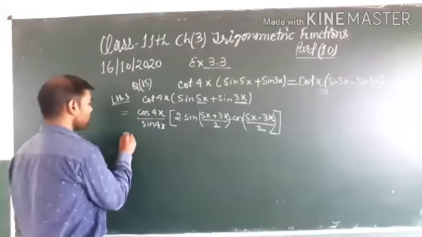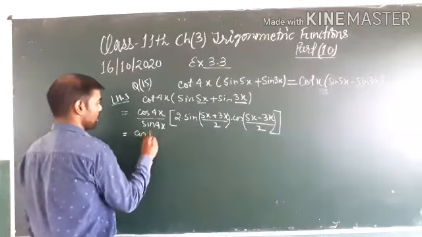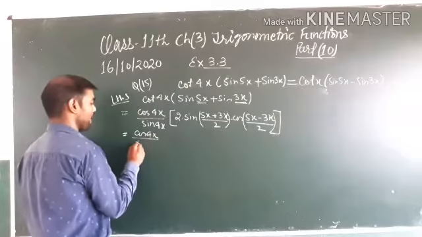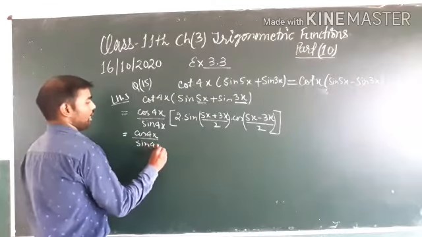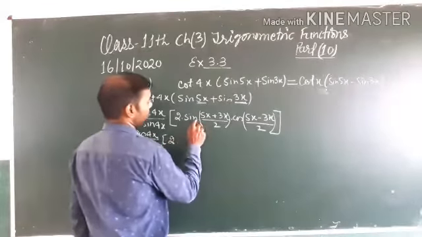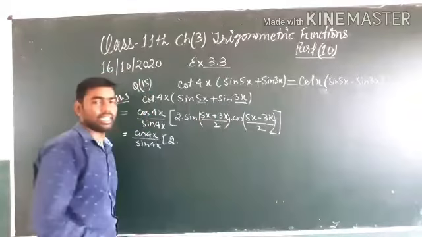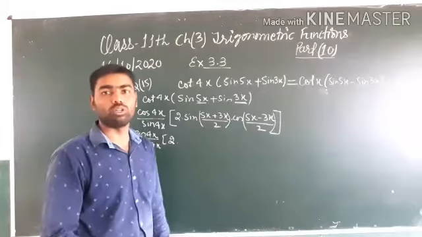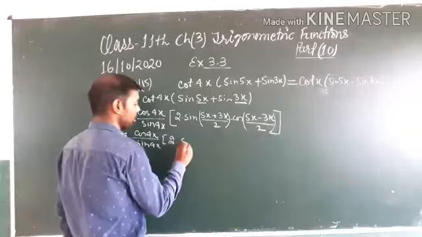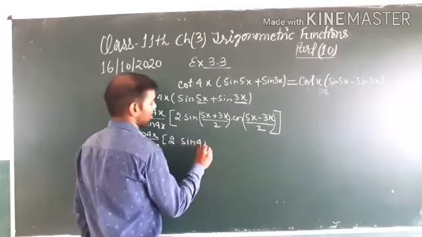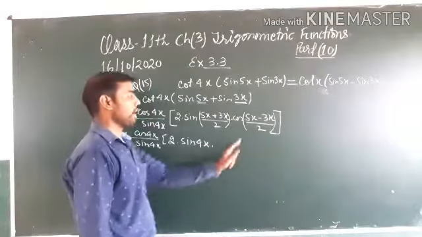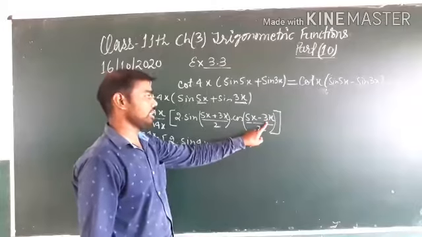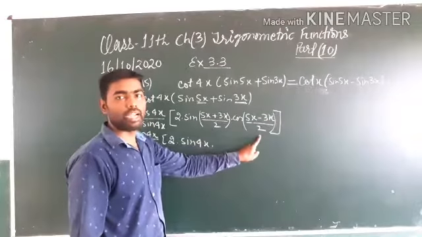Now cos 4x upon sin 4x, and this 2 into sin of (5x plus 3x) by 2, that is 8x by 2, is equal to 4x. This means sin 4x into cos of (5x minus 3x) by 2, which is 2x by 2, that is x.